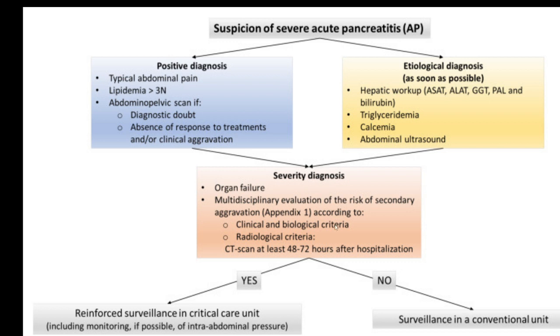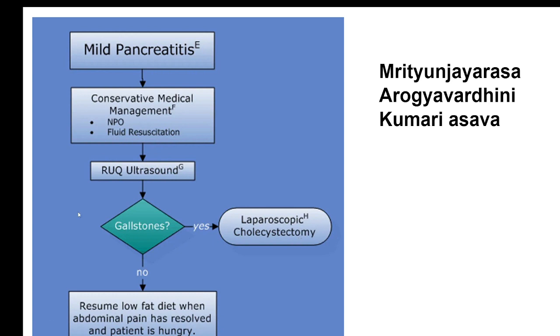Whereas mild pancreatitis doesn't require that. If you have confirmed that it is mild pancreatitis, where the clinical score is less than 4 and the radiological score is less than 4, then it can be managed medically. Conservative management initially is IV fluids.